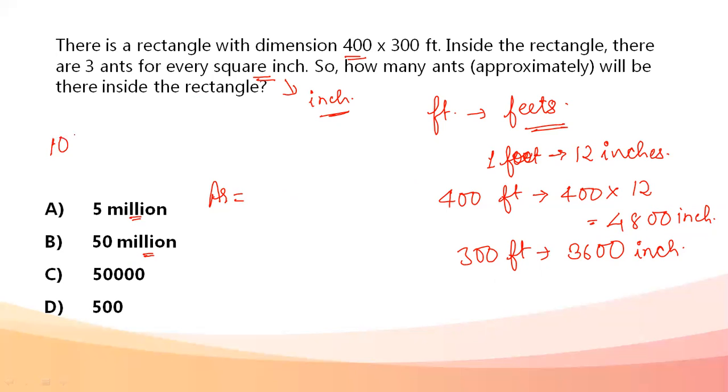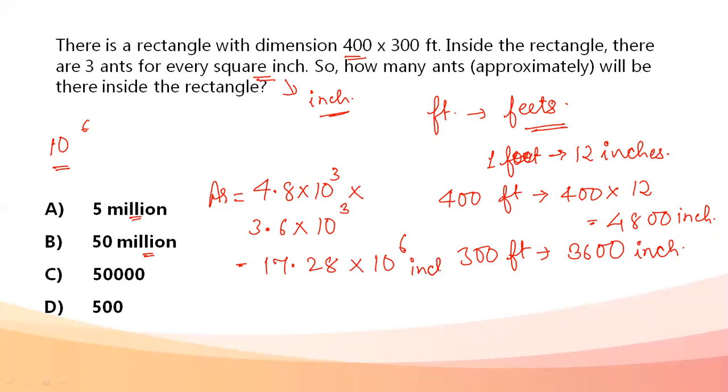I know a million is 10 raised to power 6, so it will be easier to convert. So 4800 inches can be written as 4.8 into 10 raised to power 3, multiplied by 3.6 into 10 raised to power 3. When we do the multiplication, this will be 17.28 into 10 raised to power 6. This is the area in square inches.